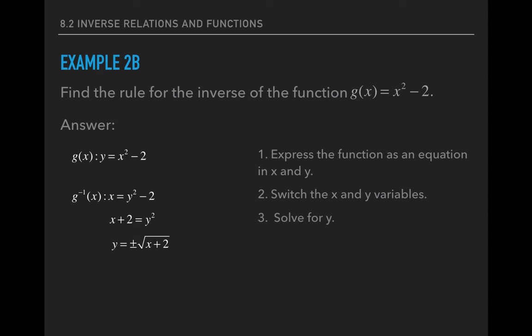That's what that little plus minus is outside of the radical, because we're not sure what y was. So that's really important. This is a great example. You'll need to refer back to it pretty frequently during this lesson.